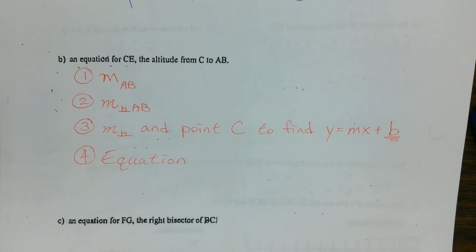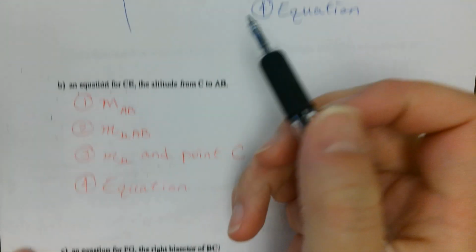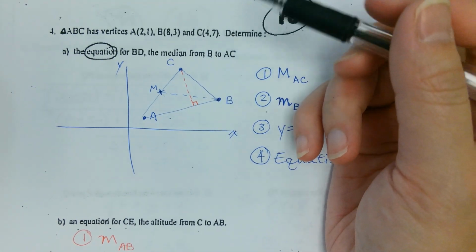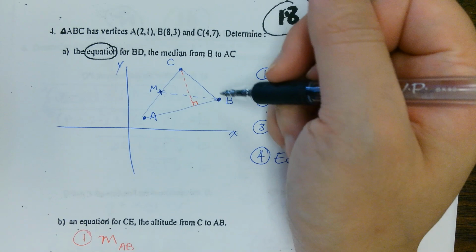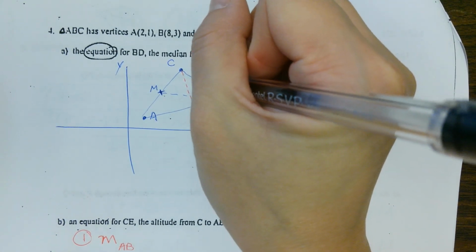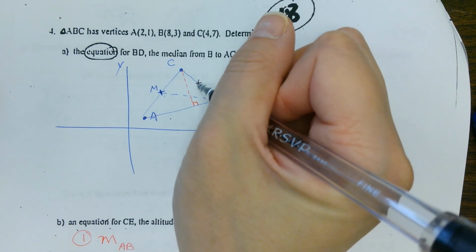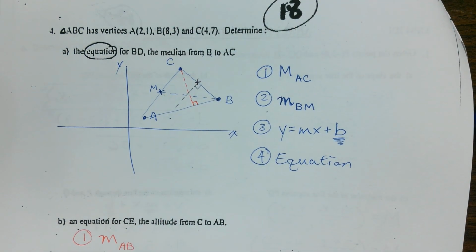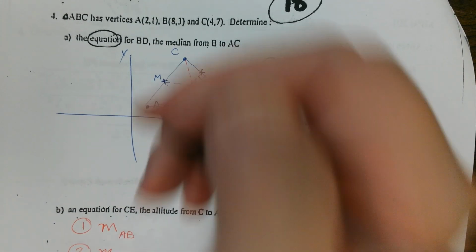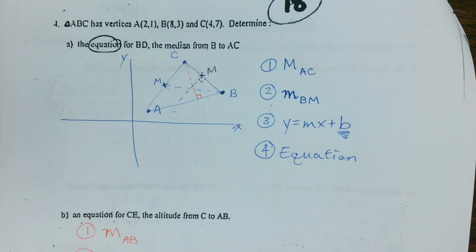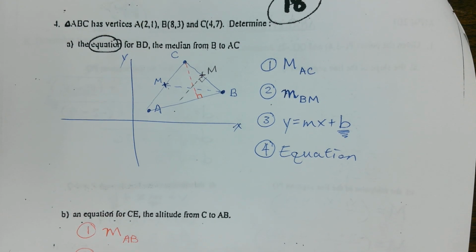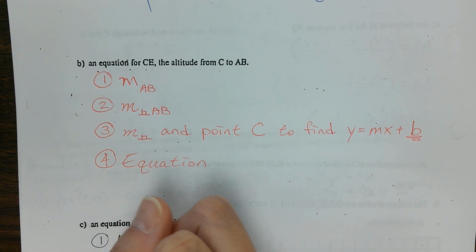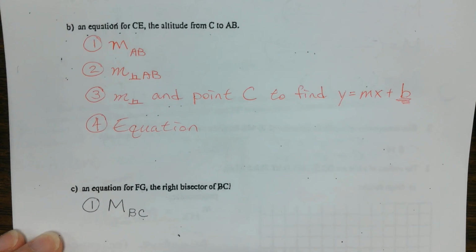And then the right bisector of BC. I have a black pen. Okay, three different colors. So how do I draw the right bisector of BC? Does it have to go to A? Good. So that black line right there. First step, find the midpoint of BC.